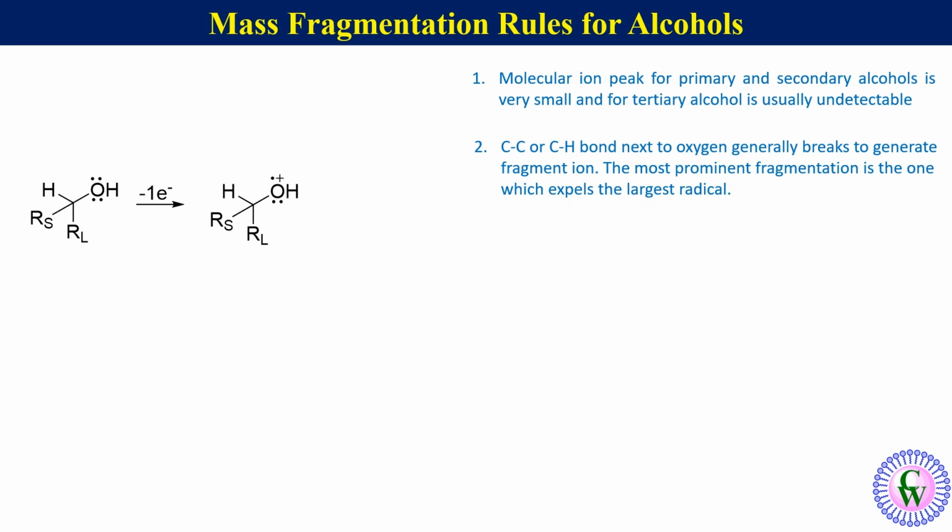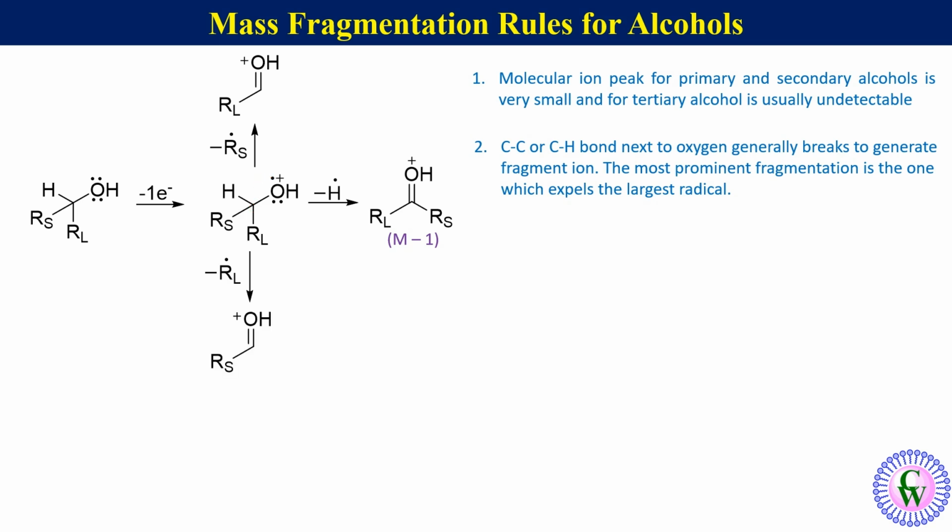Thus, in this molecular ion, removal of H radical will give protonated ketone that will correspond to M-1 peak. Removal of a smaller R group as radical will give protonated aldehyde with larger R group, while removal of larger R group as radical will give protonated aldehyde with a smaller R group.